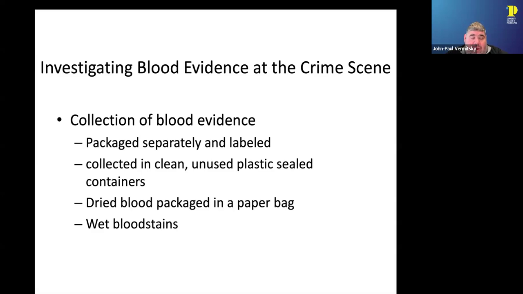Especially if it's still a wet blood stain, you want to make sure that you're using the appropriate packaging for that, so that A, it doesn't get contaminated, but B, that you don't end up with things like mold or other issues that could result.